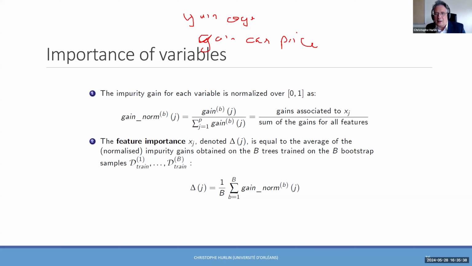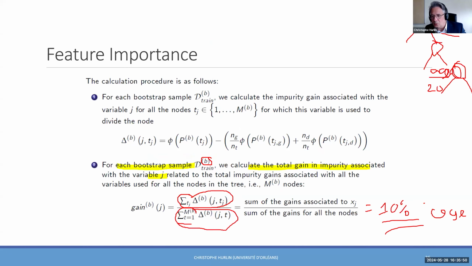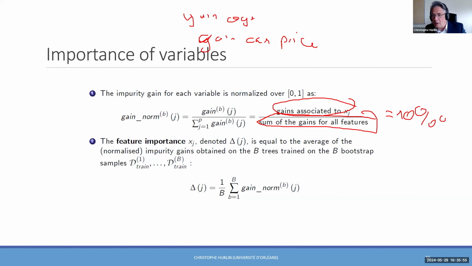And so I normalize the gains associated to age to the sum of all the gains for all features. And this is here that we have the percentage. Sorry, here, this is not a percentage. So at this step, I can compute the percentage of the impurity gain due to the age variable in the decision tree B.